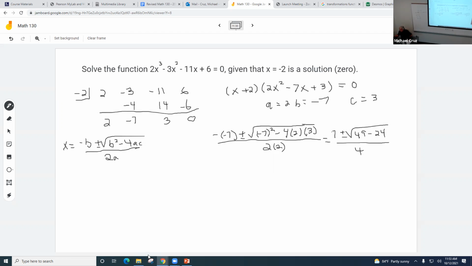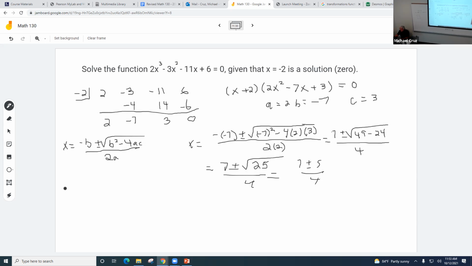So 49 minus 24 should be a perfect square. 25, right? Yeah. So yes, this one would have been factorable.